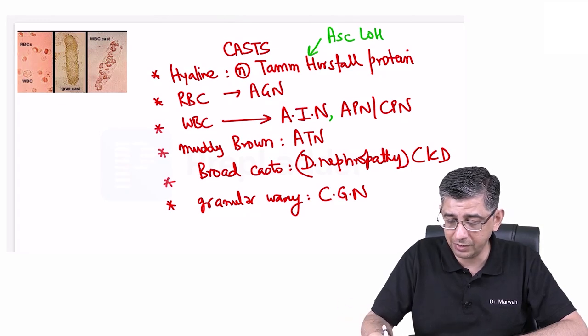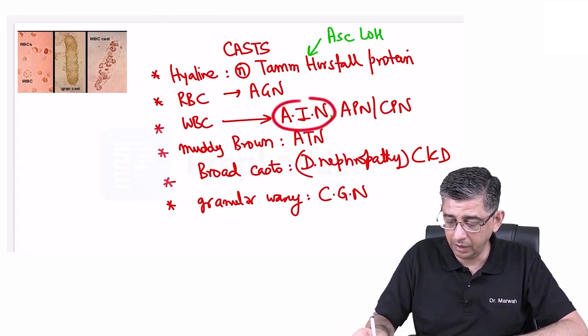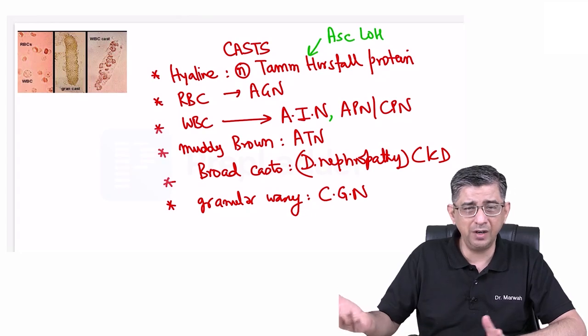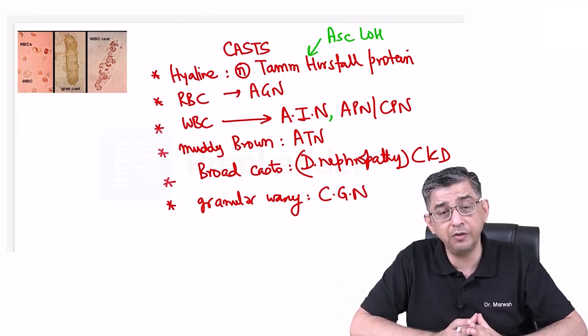Out of this entire discussion, I would say that AIN is to be remembered, then broad casts for chronic kidney disease is to be remembered, and the remaining part is child's play, and you very well know that from pathology.